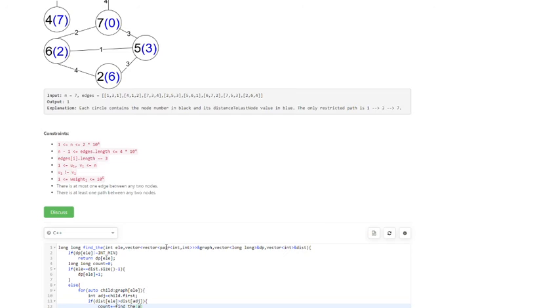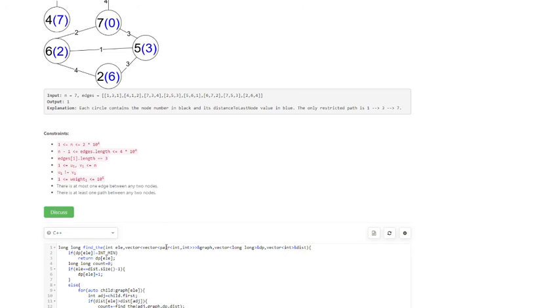Find the ADJ, graph, dp, comma dist. Once it's done, dp is equal to count, return dp.